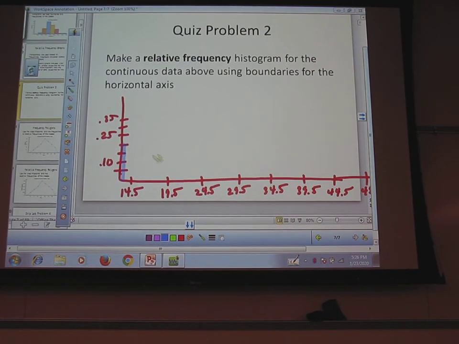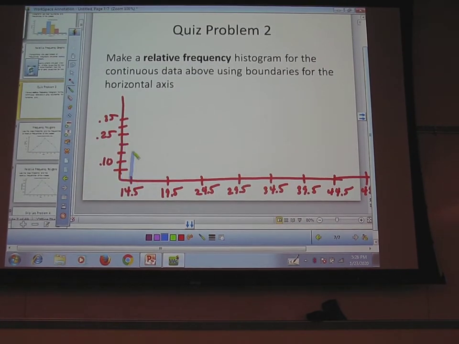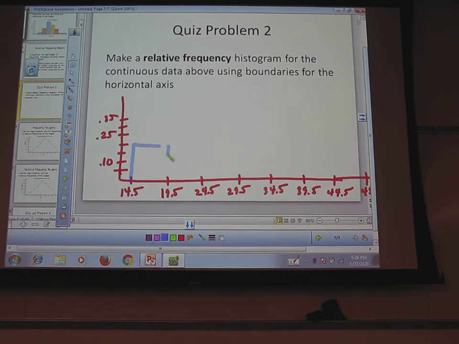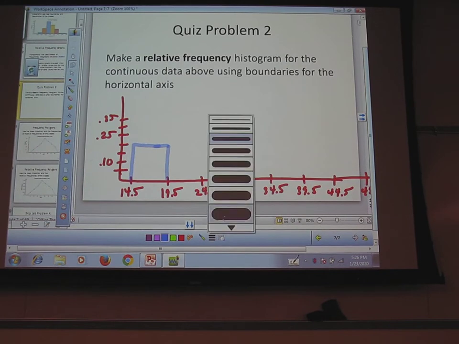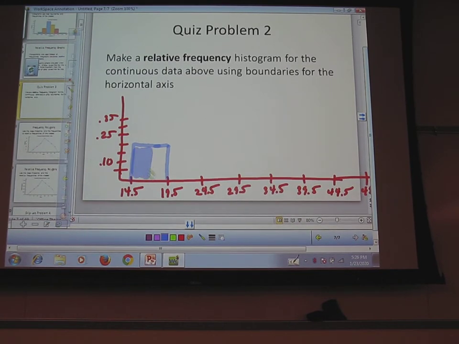Instead, it should start at this spot and end at that spot. So then it's like this. The next one is 0.35. And then what's the next one? 0.25.